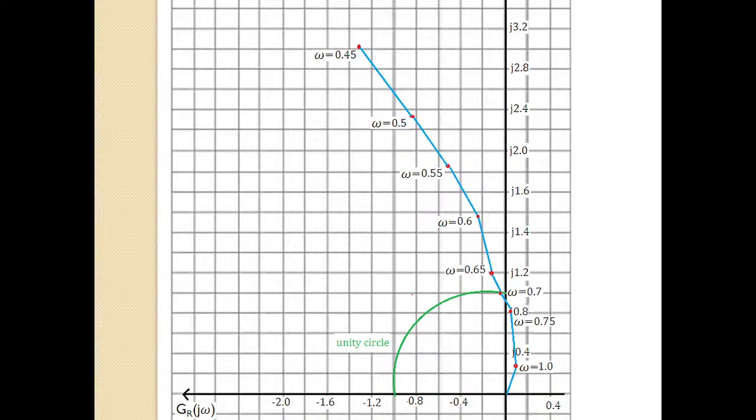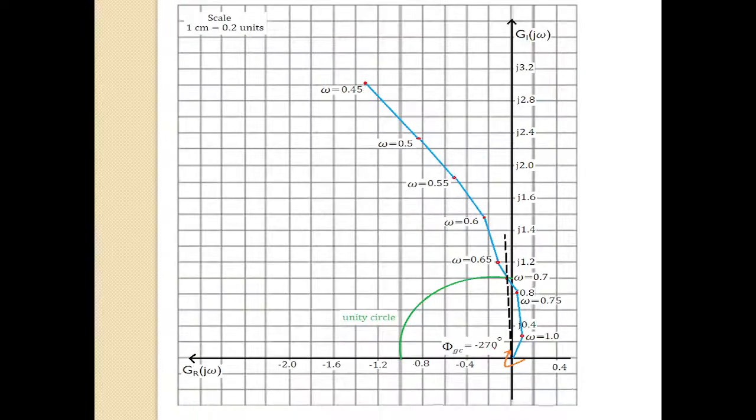Now take a scale and join the origin with the intersection point of the unity circle with the plot. So this black dotted line you will get.